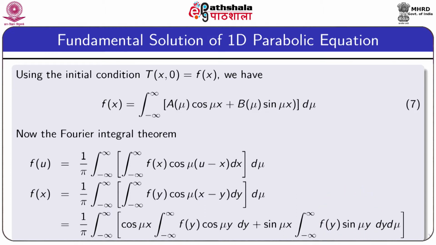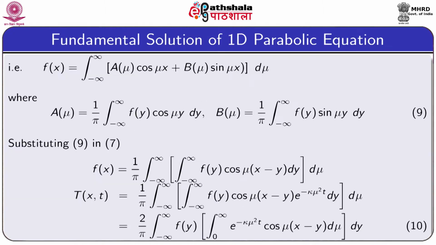That means A mu is equal to 1 by pi integration minus infinity to plus infinity f(y) cos mu y dy, and B mu is 1 by pi integration minus infinity to plus infinity f(y) sin mu y dy.